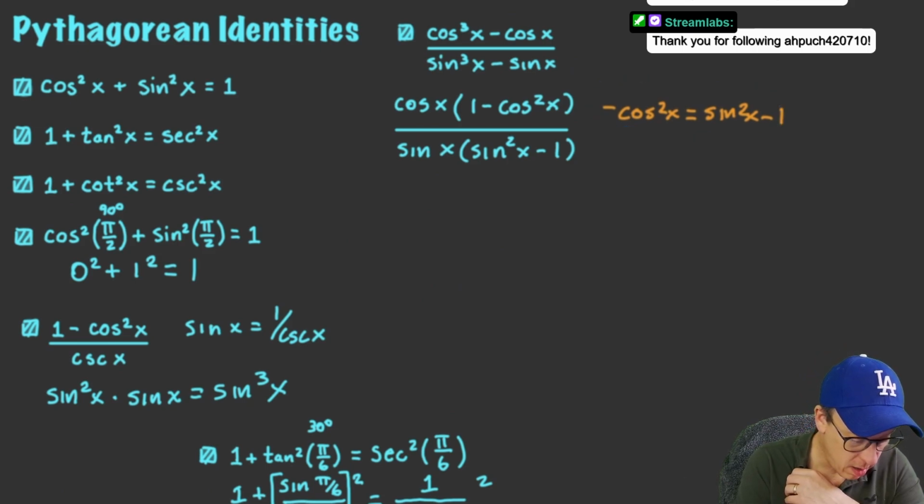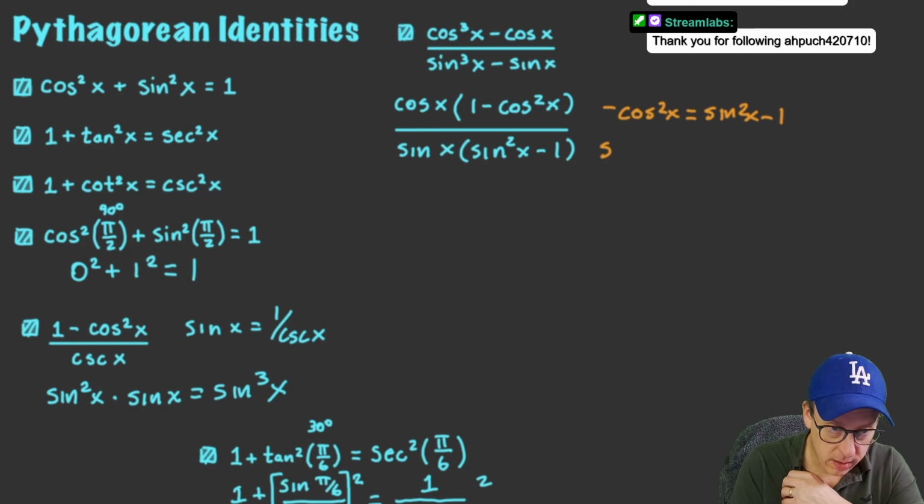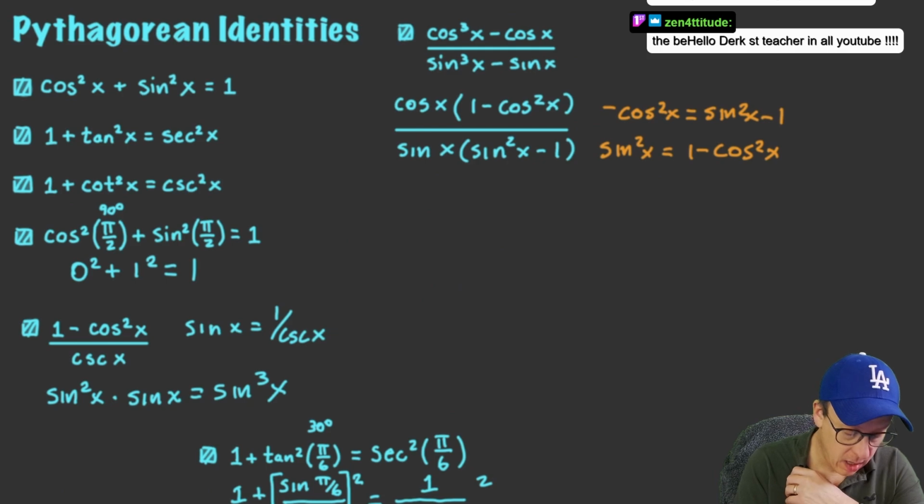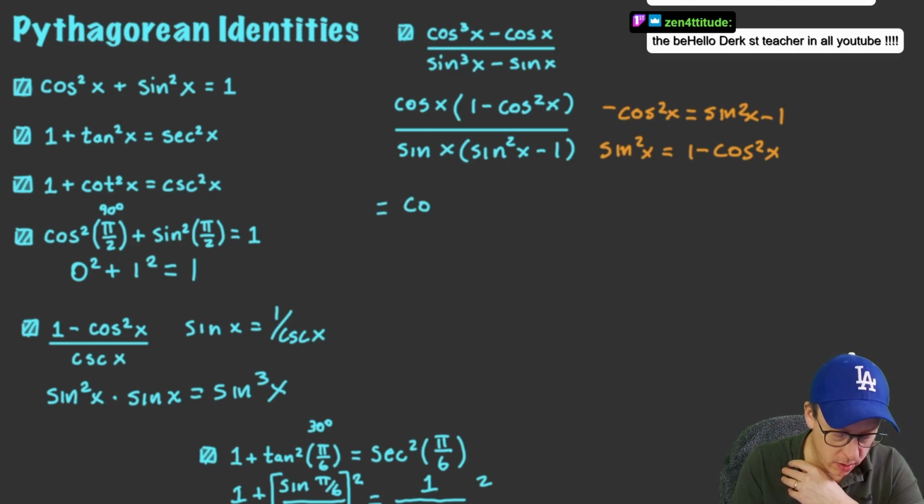And the sine squared x is equal to 1 minus the cosine squared x. And we're going to be able to further simplify this down to cosine x times sine squared x, and this will be divided by sine of x times negative cosine squared x.